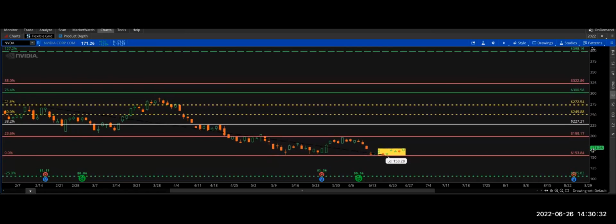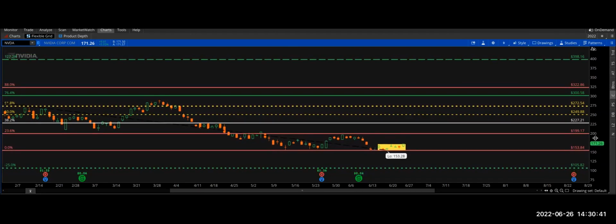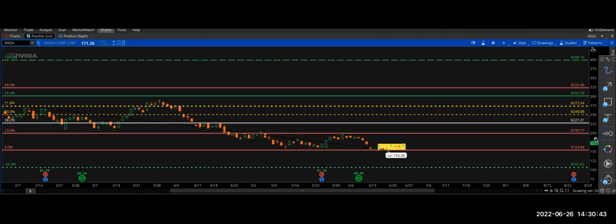Because now we're looking on a longer time frame, and you get to see the bigger picture of what's really going on with NVIDIA. So where does NVIDIA got to go through? Well, it's got to retrace back up to 23.6 at some time, right? You see it right here. That was support, broke through it.